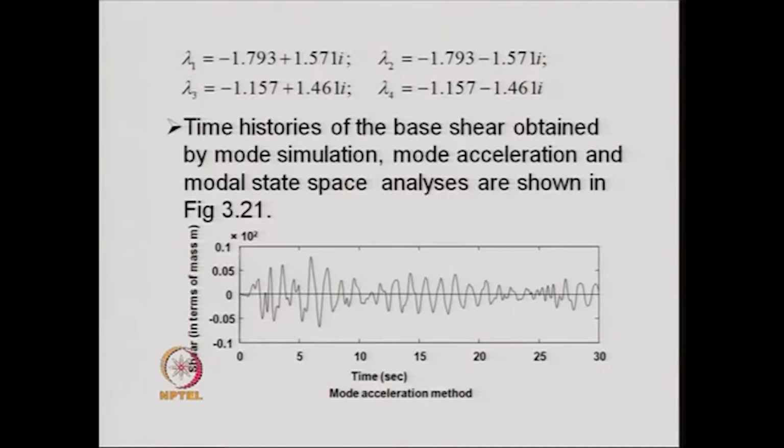For the state space matrix A, the eigenvalues turn out to be complex numbers, and these are the 4 eigenvalues of the problem. Using these 4 eigenvalues, we decoupled the state space equation into single degree of freedom state space equations.